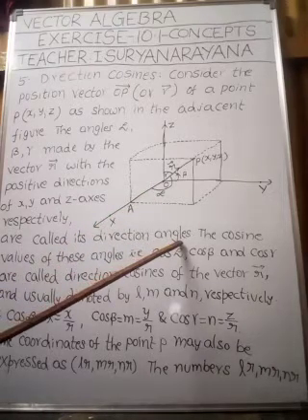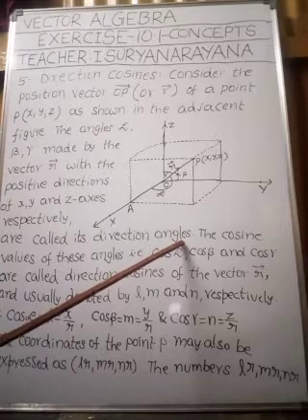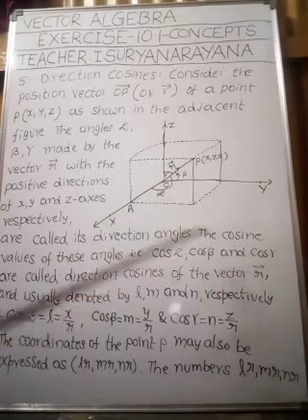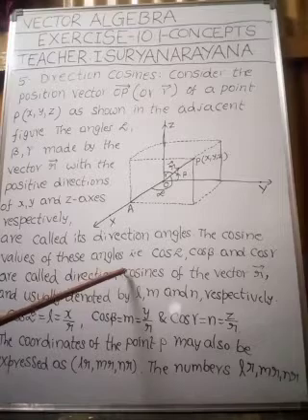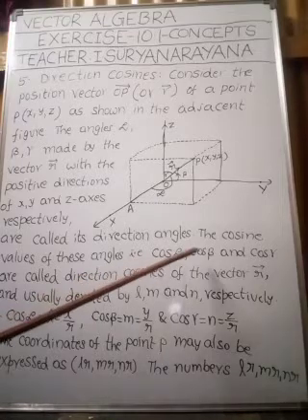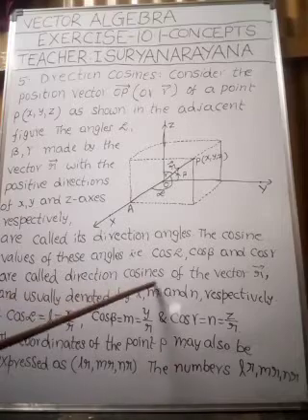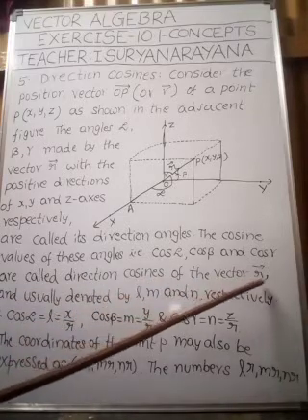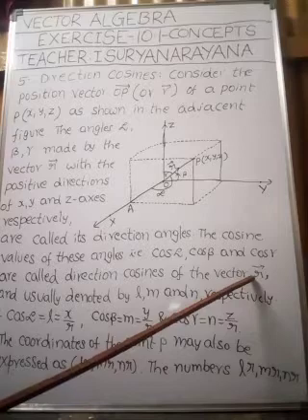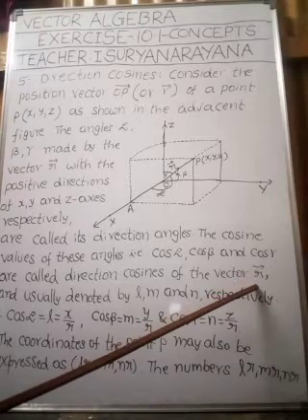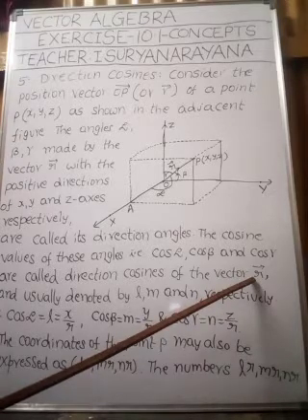Understood this point, my children? What is meant by direction angles? The cosine values of these angles, that is cos alpha, cos beta, and cos gamma, are called direction cosines of the vector R bar. Understood this point?